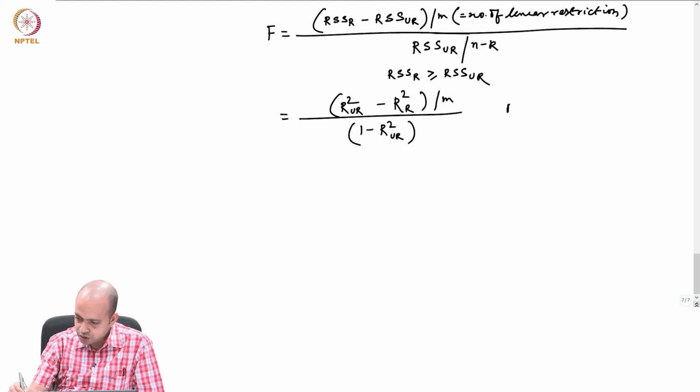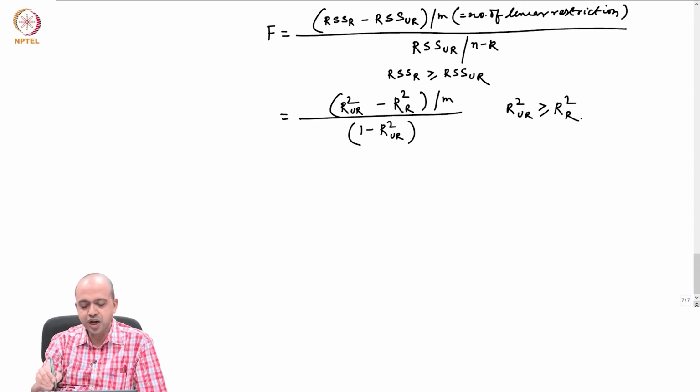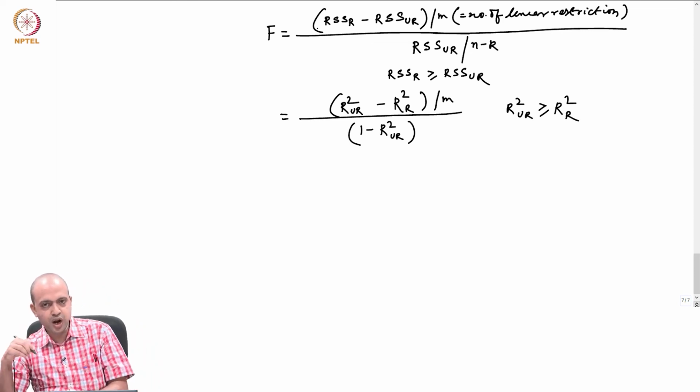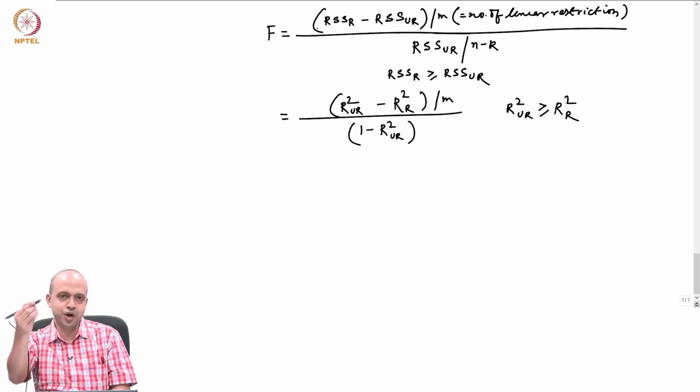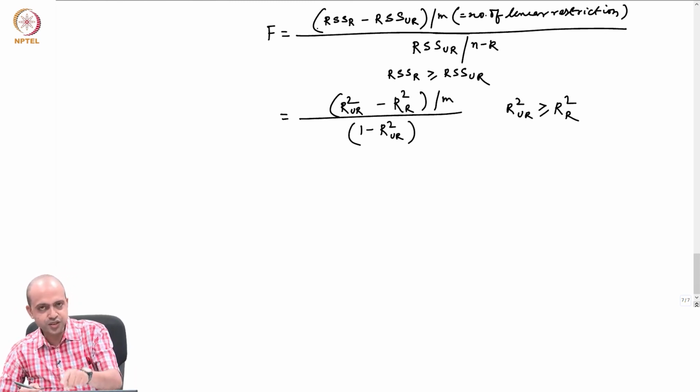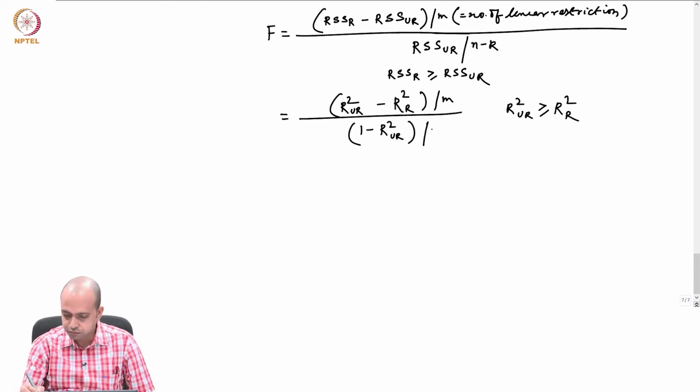Because R square UR is greater than or equals to R square R. That is also clear, because in the unrestricted model, since you have more explanatory variables, your R square is higher, because R square and RSS have some kind of inverse relationship. When R square increases, RSS will come down. When R square decreases, RSS will go up. That is the relationship between R square and RSS, and that is why if this is the RSS version of the formula, this would become the R square version of the formula.